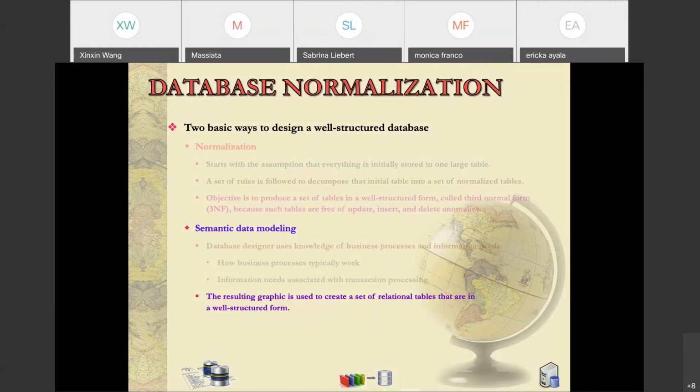And the resulting diagrams are used to create a set of relational tables that are in well-structured form, which is what we learned in the previous class, the diagrams. What we learned last class are two popular data modeling approaches, ER data modeling and REA data modeling.